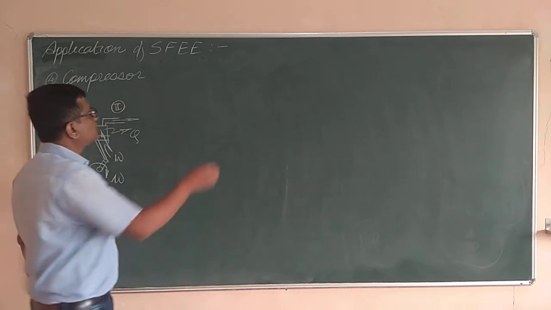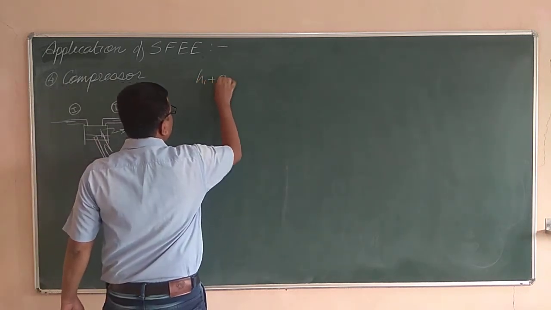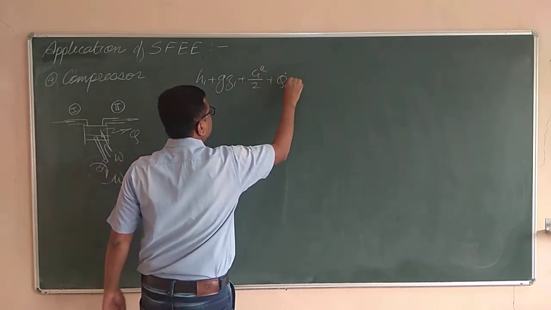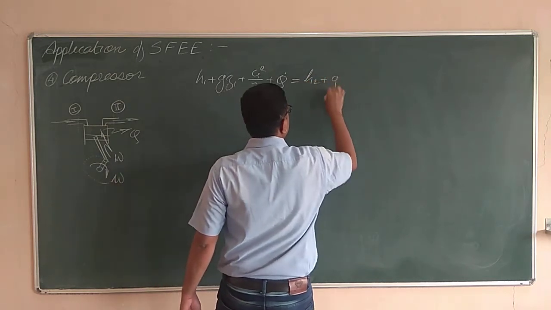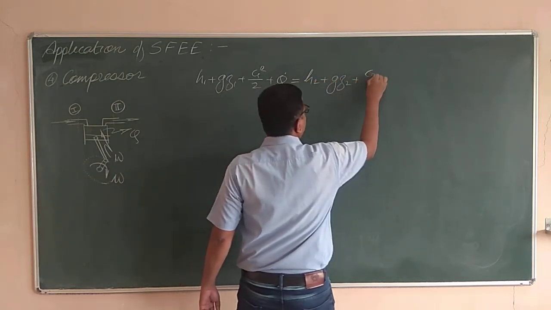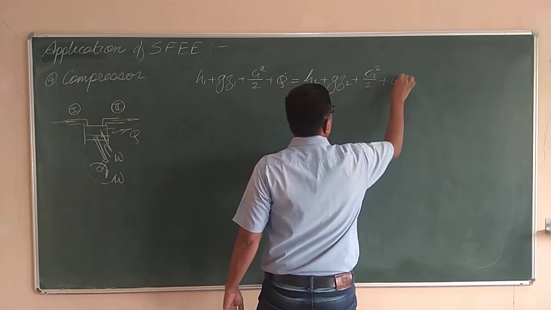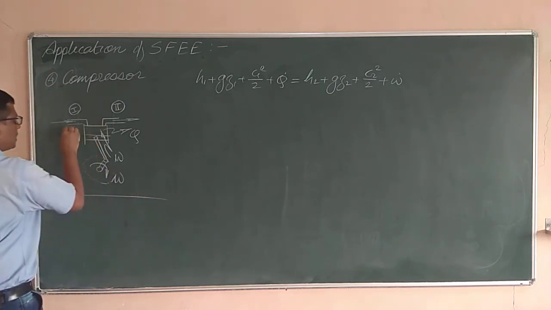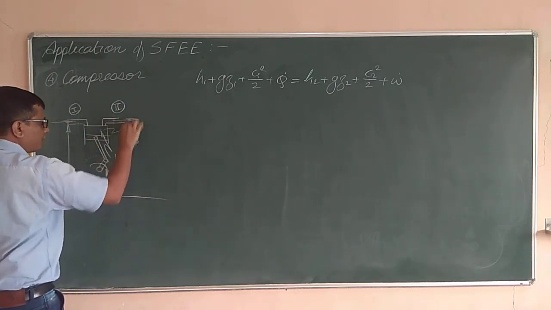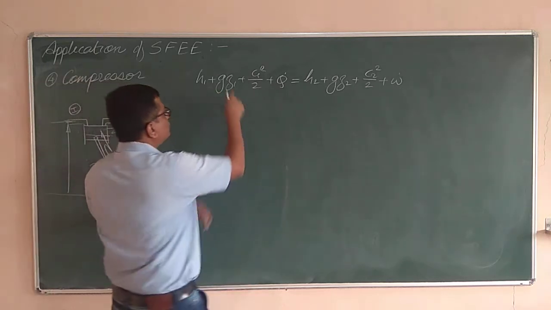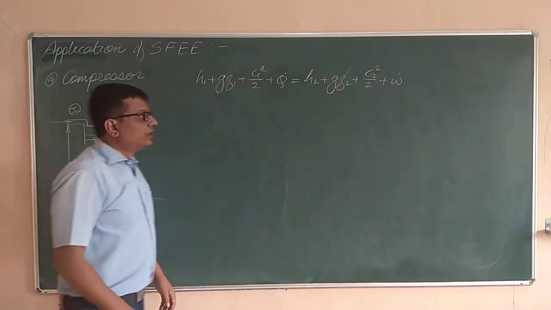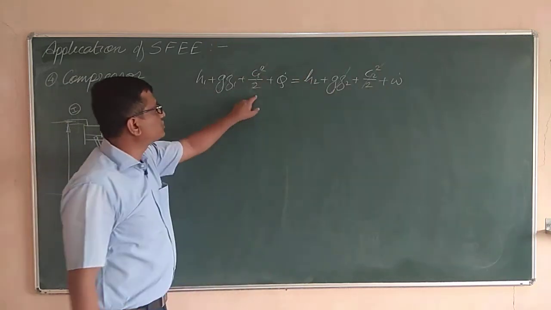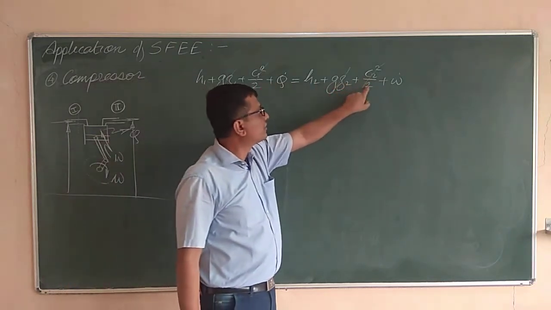So let us see the steady flow energy equation. The steady flow energy equation is H1 plus gZ1 plus C1 squared by 2 plus Q dot equals H2 plus gZ2 plus C2 squared by 2 plus W dot. Looking at the compressor, the potential head across section 1 and section 2 is the same. Z1 is equal to Z2, so gZ1 and gZ2 can be cancelled. Even the velocity heads, the kinetic energy per unit mass, have a negligible difference, so they will be cancelled.